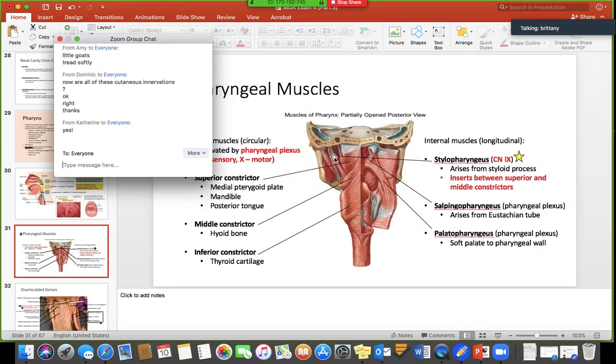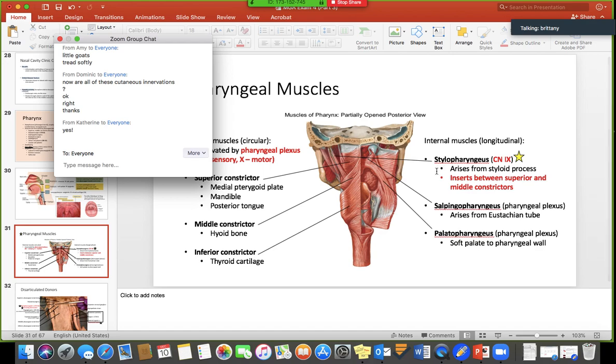This muscle right here, the stylopharyngeus, inserts between the superior and middle constrictor. And remember, I think this has come up every session we've had, the stylopharyngeus is innervated by cranial nerve 9. Cranial nerve 9 only supplies motor innervation to one muscle, and that's the stylopharyngeus.